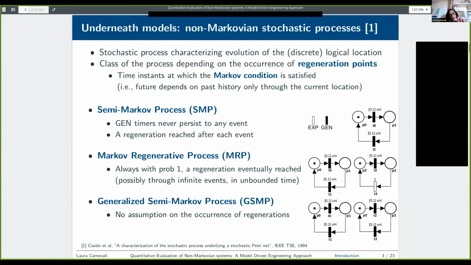And so, as I was saying before, these small examples give an idea of how apparently minor modeling variations, modeling choices, affect the class of the underlying stochastic process. So changing a transition from general to exponential and vice versa changes the class of the underlying stochastic process.